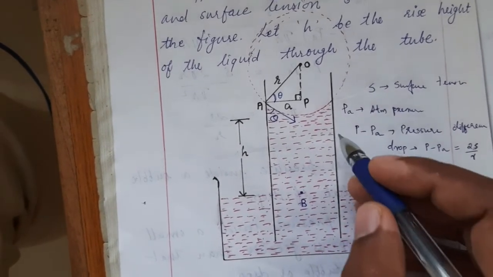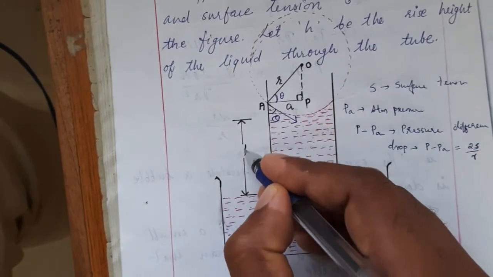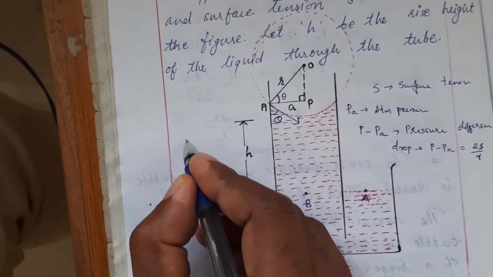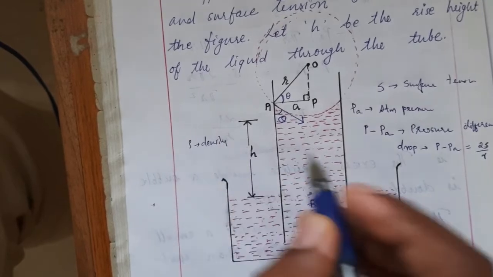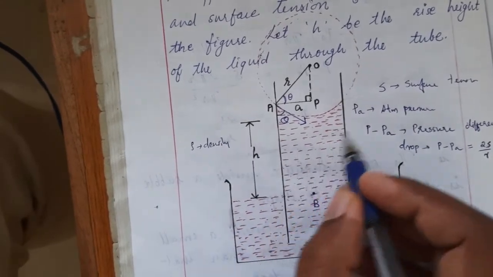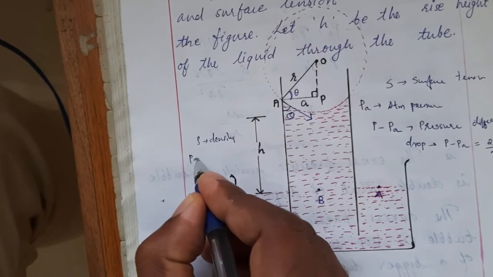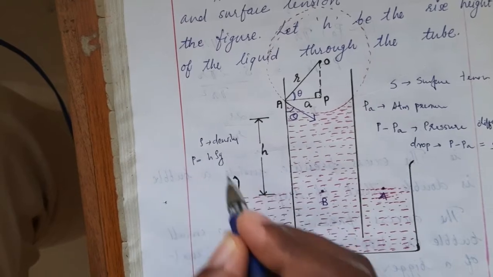The pressure difference here can also be expressed in terms of the liquid. If the liquid has height h, and rho is the density of the liquid, then the pressure due to this liquid column is h rho g.